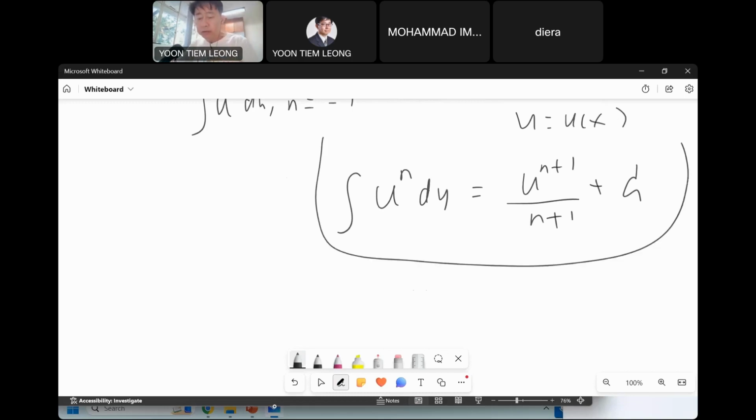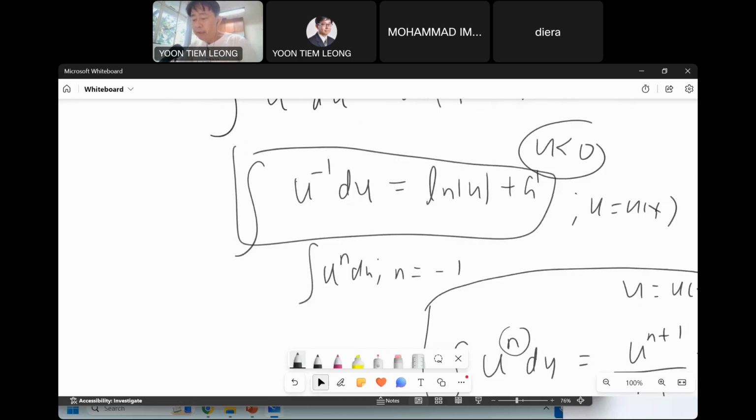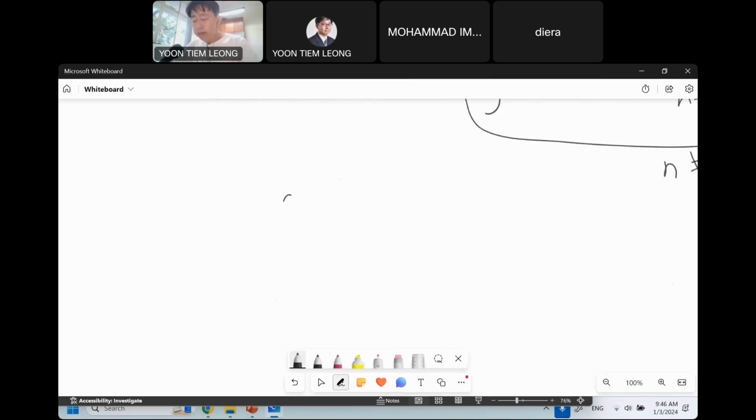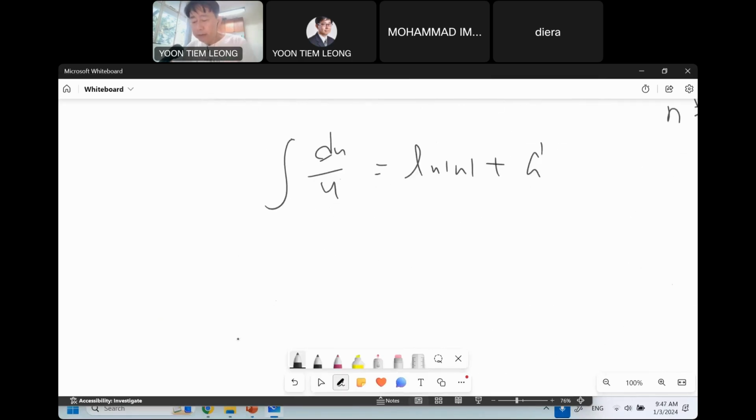However, this result is only true if n is not equal to minus 1. When n is equal to minus 1, then you have this result that is derived based on the definition of the natural log.